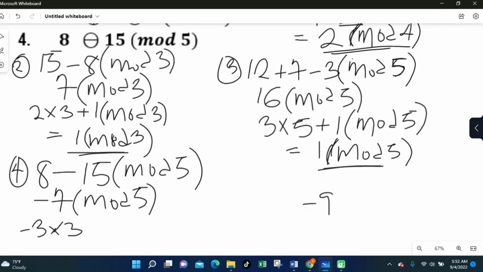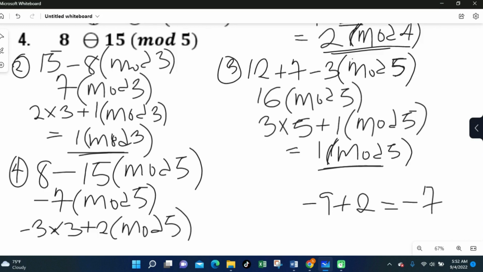So what do we do to get minus 7? Is to add 2 to this. If we add 2 to this, we are going to have minus 7. So that will give us minus 9 plus 2, all in mod 5.